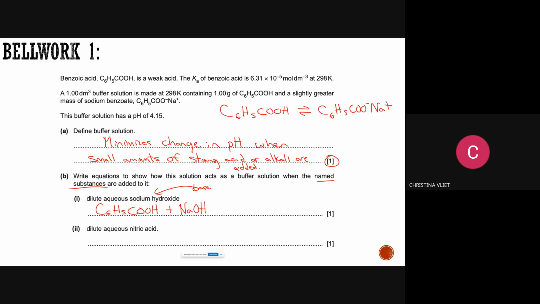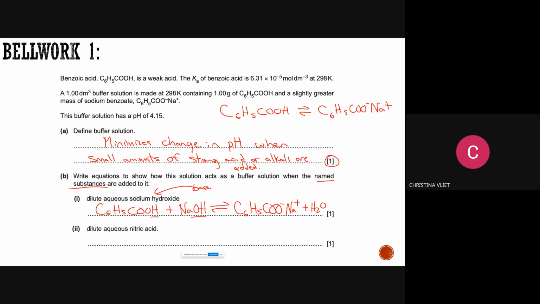And then I would do double arrows because you still have a buffer solution going on, an equilibrium arrow. So now what? C6H5COO minus. H goes with OH. So Na plus is the other part. And then you would have H2O.